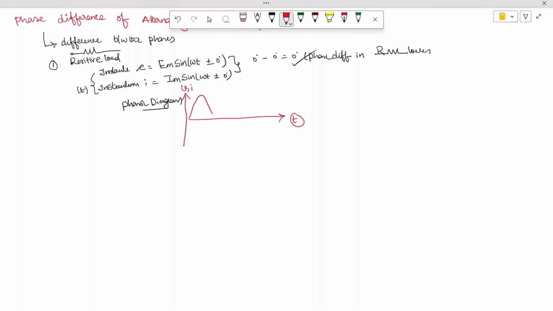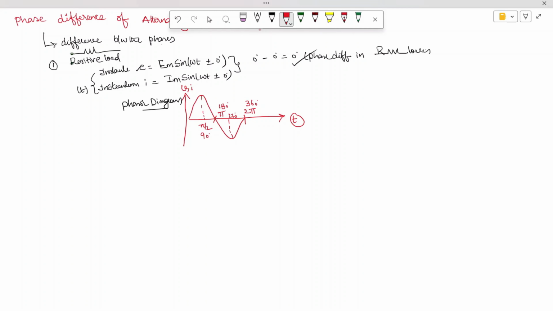So this is the waveform, having a complete cycle of 2 pi, and this is pi, and this is pi by 2, and this is 3 pi by 2. So here this is 180 degrees, this is 360 degrees, this is 90 degrees, and this is 270 degrees. Like this we can write it down.